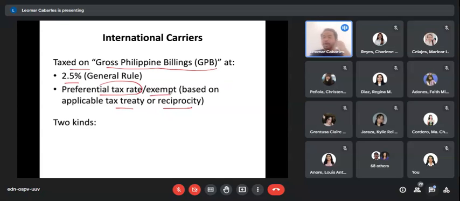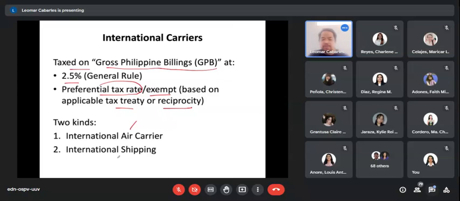Okay? There are two kinds of international carriers in the Philippines. International air carrier, so airlines yan. Then we have international shipping.